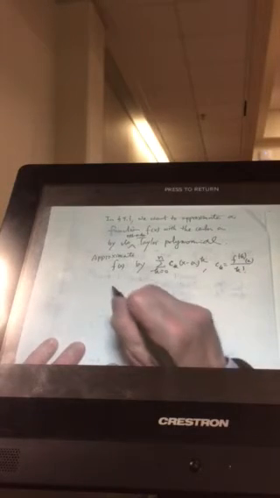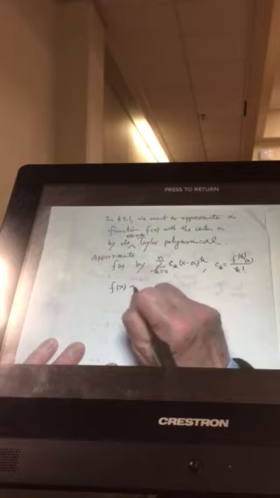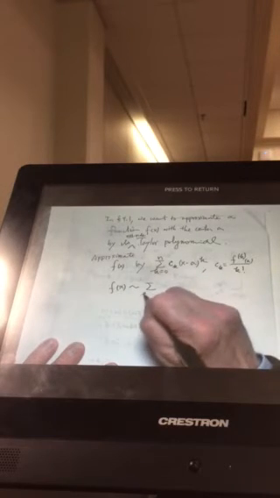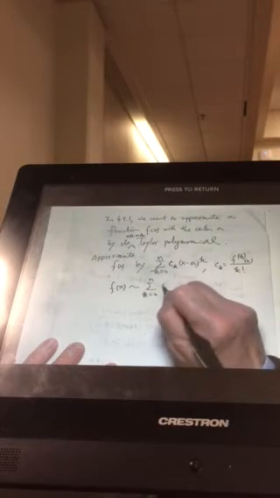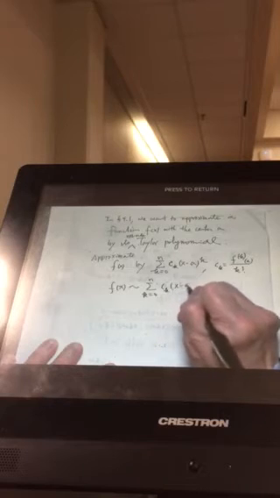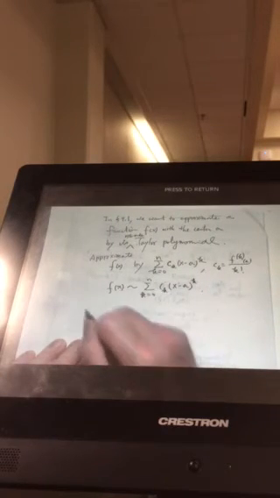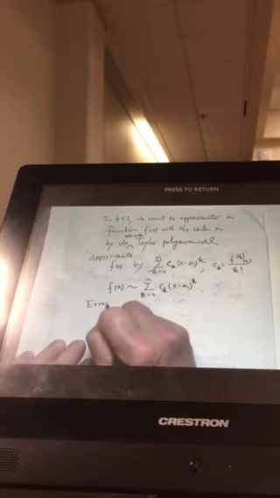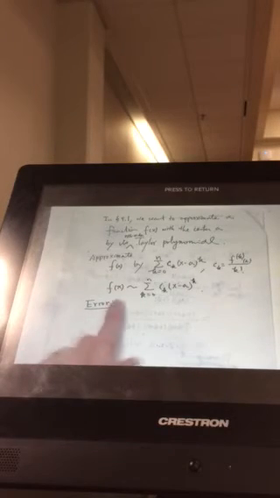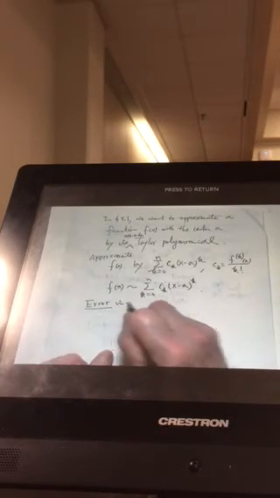So in other words, f of x is approximately this. Now we need to know the error, because this is only an approximation. So there's an error in the approximation.